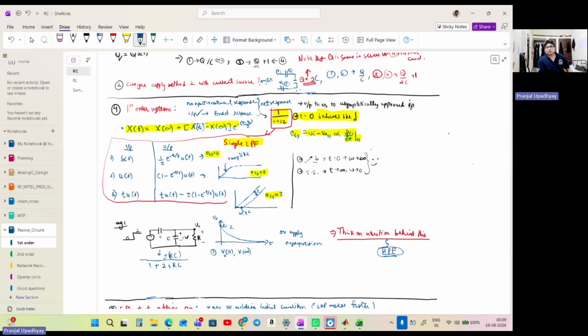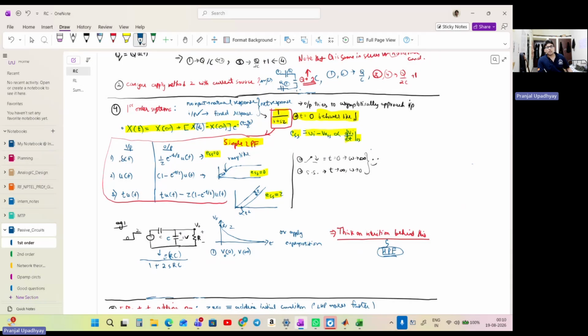Because if we observe, for example, this ramp response, when time tends to 0, this expression is almost proportional to t squared, right? And even here, if we see this portion, it's almost linear, proportional to t, right? And we know that the integration of u(t) is this guy only.